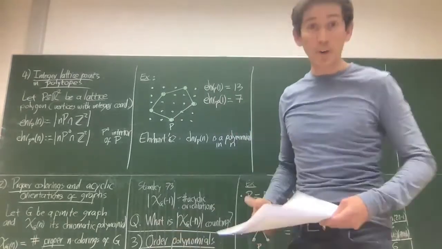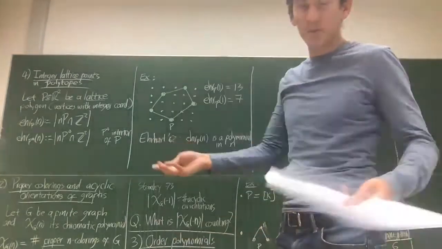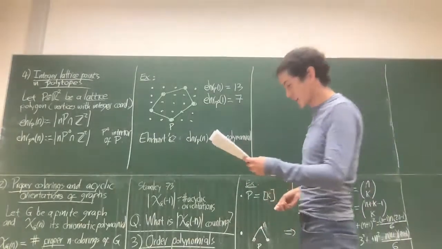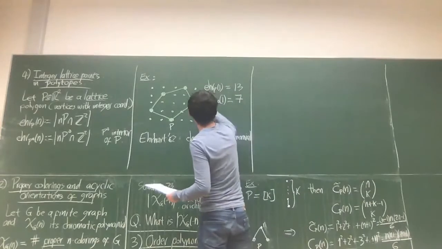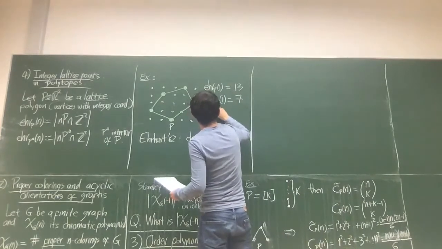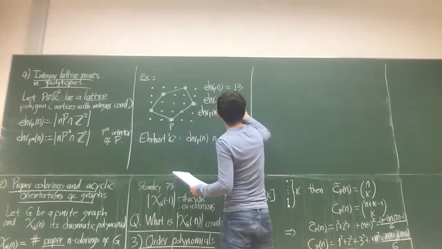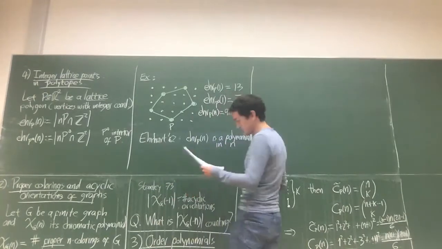And this is not only for polygons, it's for polytopes in any dimension. And I did my homework and I did compute this polynomial for you. Let me write it down. In this case, it is given by 9n squared plus 3n plus 1.